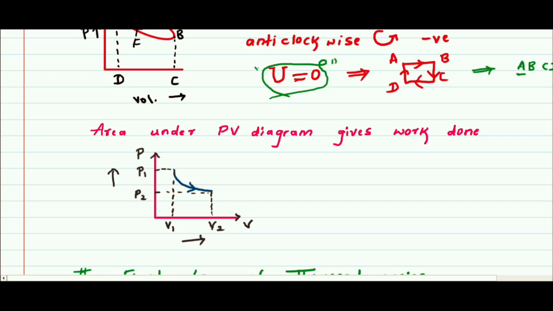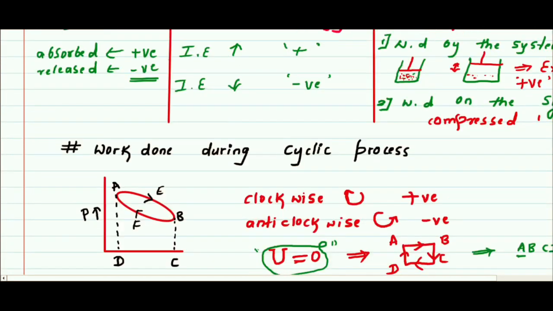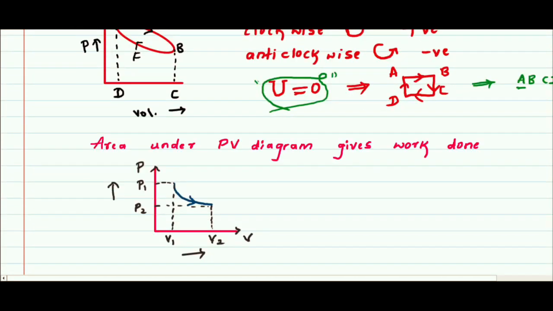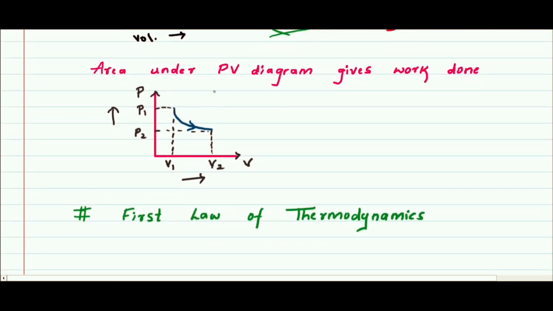So next thing we will move to is the area under the PV diagram, which gives us the work done. So what is this PV? P means pressure and V means volume. If we plot the graph of pressure versus volume, we will get the work done. Okay, so how is it done?